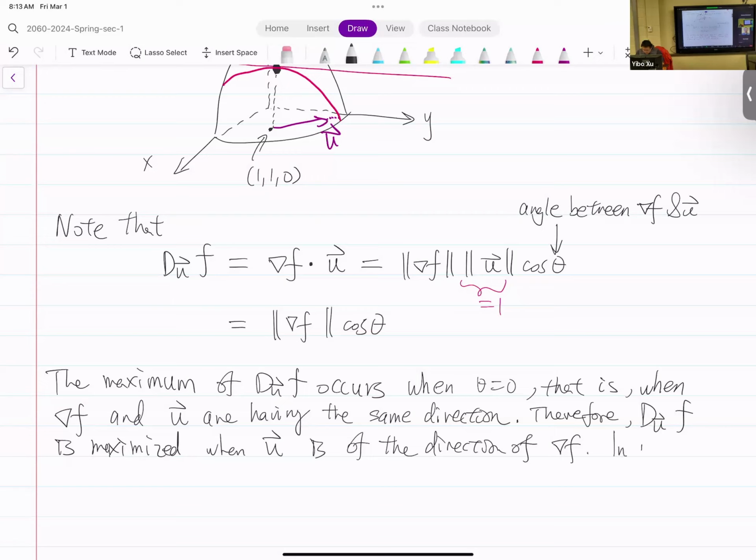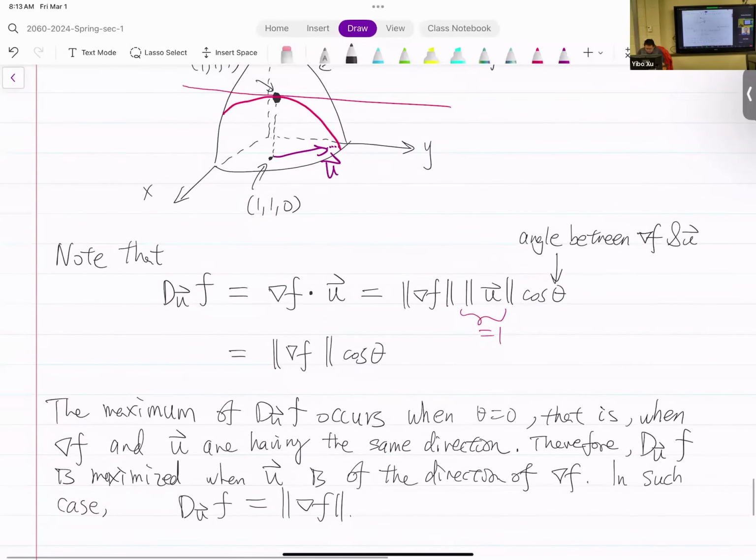In such a case, the directional derivative along u of the function f is exactly the magnitude of the gradient. Okay.